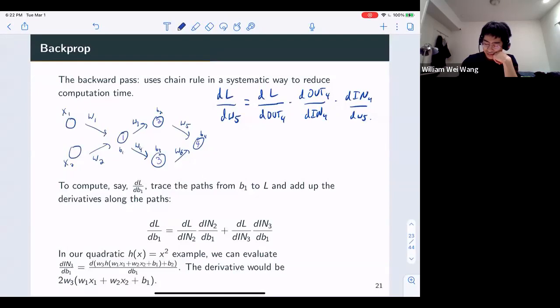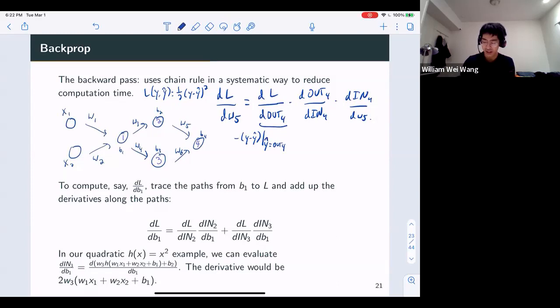In this case, since the loss of y and y hat equals 1/2 (y minus y hat) squared, the derivative here would just be negative (y minus y hat), where y hat is evaluated at output 4. So if you computed output 4 using the procedure we talked about to evaluate the neural network, you can just compute this term. That's easy.